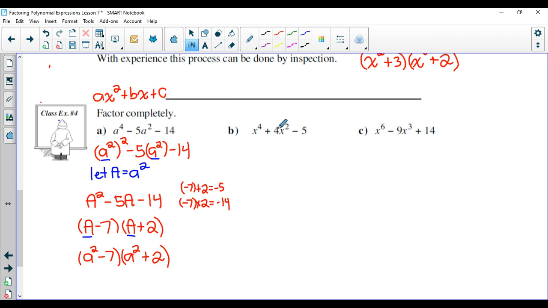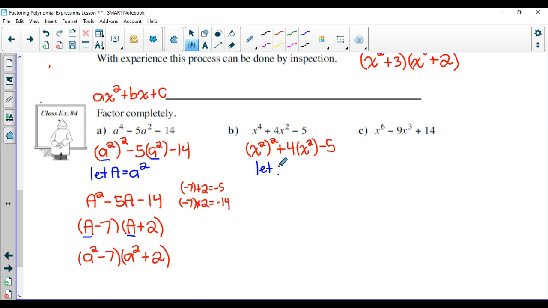Okay, let's look at this next one, b. So again, we have the x to the power of 4, 4x squared, 5. There's nothing we can pull out here, so we're going to rewrite it in this form, ax squared plus bx plus c. So this would look like x squared to the power of 2 plus 4x squared, and then minus 5. And then once again, we're going to do a substitution.